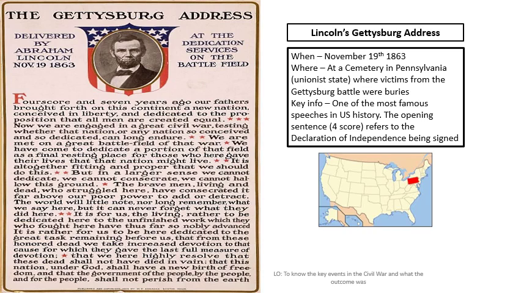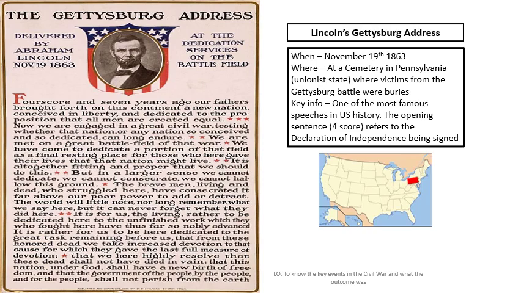This is one of the most famous speeches in the whole of US history, guys, all right? The opening sentence where it says 77 years ago, that was what I asked you to look at in your research task. And score means 20. Okay, so score is an old-fashioned word for the number 20.